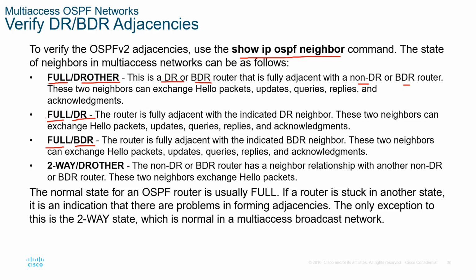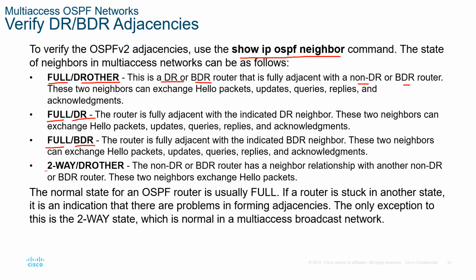If the status is FULL/DR, it means that the router is fully adjacent with the indicated designated router neighbor. These two neighbors can exchange hello packets, update queries, replies, and acknowledgements. If it is FULL/BDR, it means that the router is fully adjacent with its indicated backup designated router neighbor. So these two neighbors can exchange hello packets, update queries, replies, and acknowledgements.